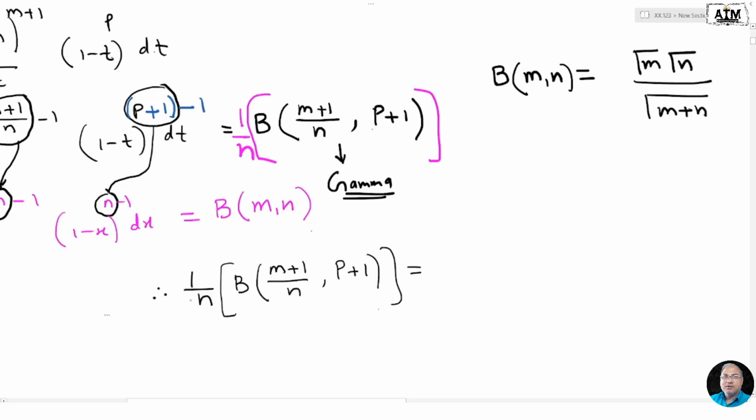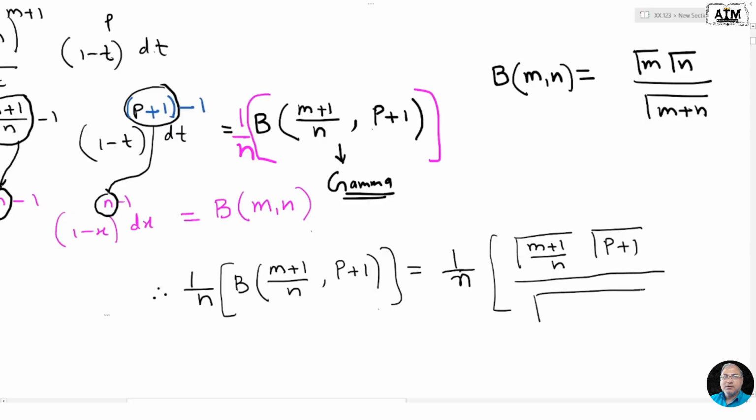Therefore 1 upon n, beta of this one is equal to 1 upon n, and in place of m there is gamma m plus 1 divided by n, and in place of n gamma p plus 1, divided by the addition of both, that is m plus 1 upon n plus p plus 1.